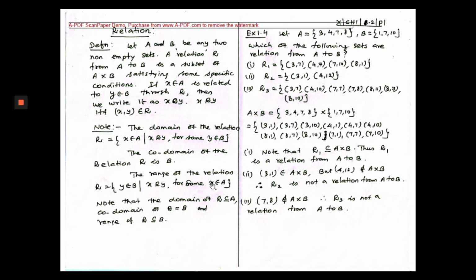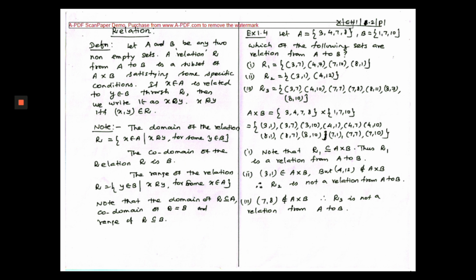The range of the relation capital R is equal to Y belongs to B, such that X is related to Y for some X belongs to capital A. Here X belongs to capital A. The set of all elements in the set A is called domain.